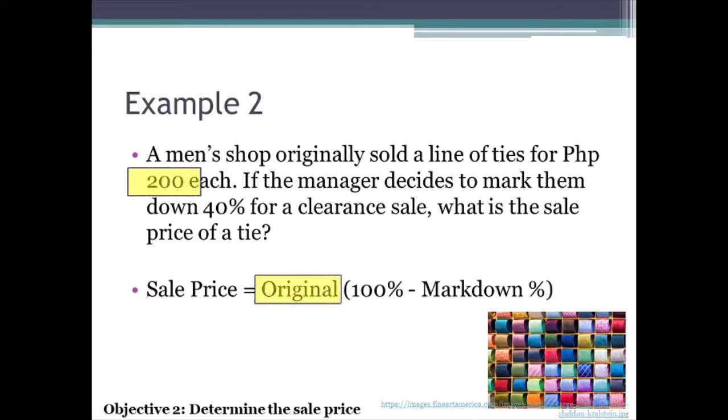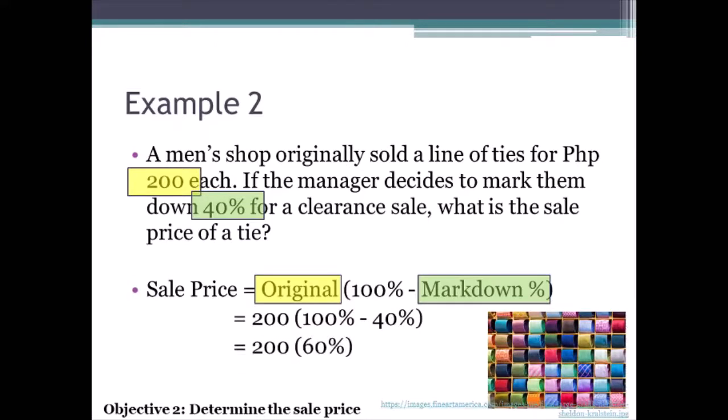By substitution, 200 pesos is our original price. Our markdown percent is 40%. Substituting these values, we have the following sale price. Each tie is sold at 120 pesos each.